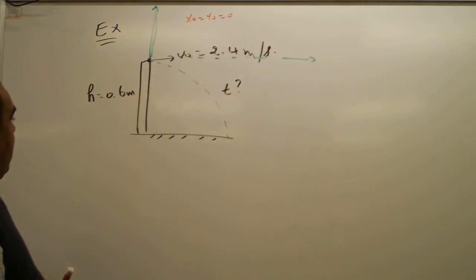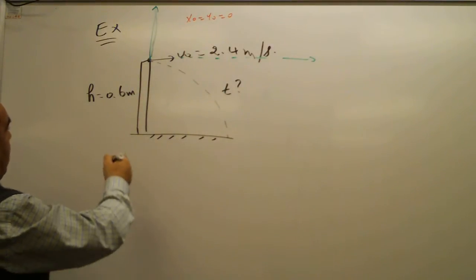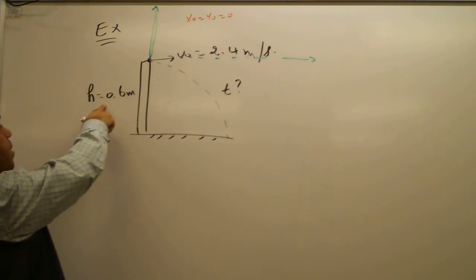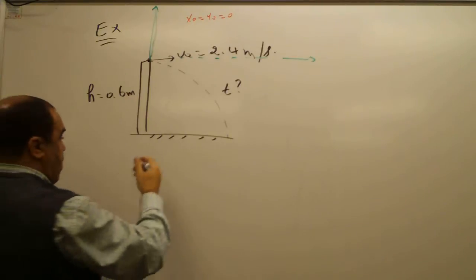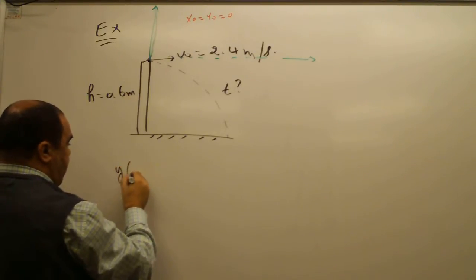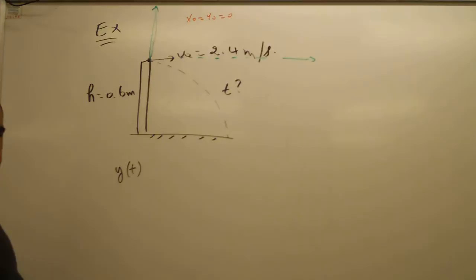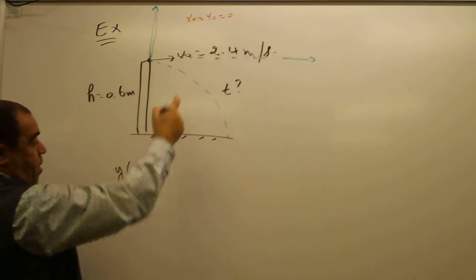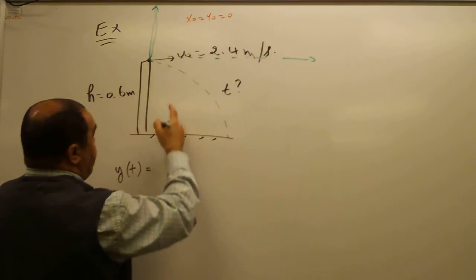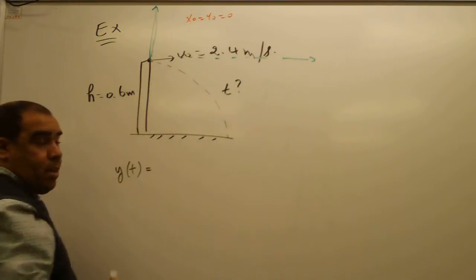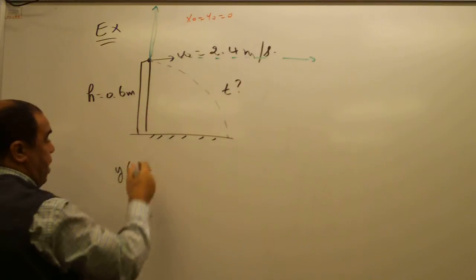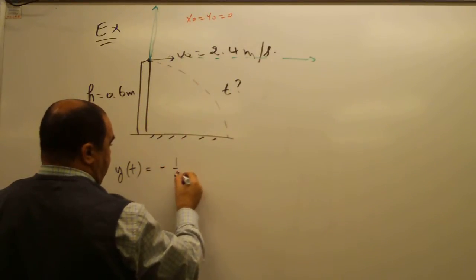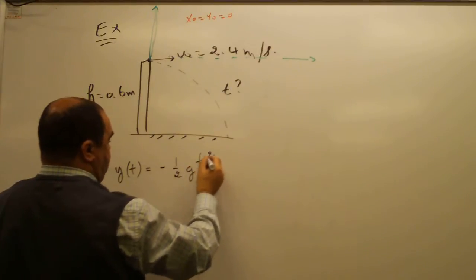Now, the ground in my coordinate system is located at minus 0.6 meters. So let's write the equation here, y of t. The y component at any given time would be y0, which is 0, plus v0y, which is also 0, and then the last one is minus half g t squared.